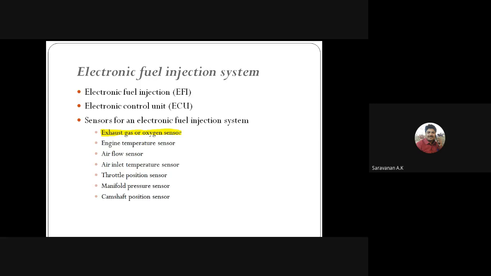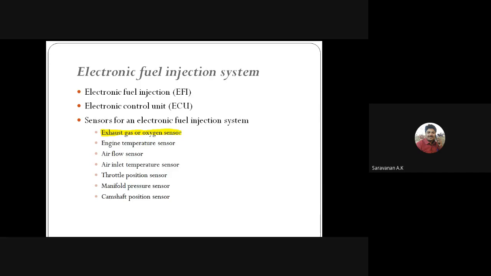In the sensor output, the voltage changes. In this exhaust gas or oxygen sensor, the output voltage changes in proportion to the air fuel ratio.